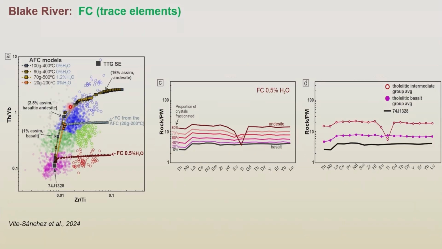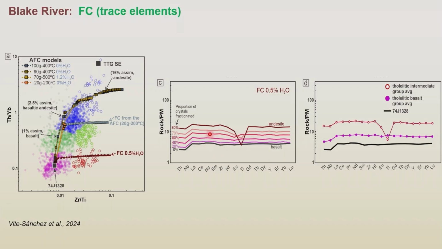So let's see how that affects the trace elements. I want you to focus here on the tholeiitic basalts and the intermediate tholeiitic compositions. If we are fractionating that magma, the line must go horizontally here. So we have the model here, the initial composition, and then we start fractionating that magma.